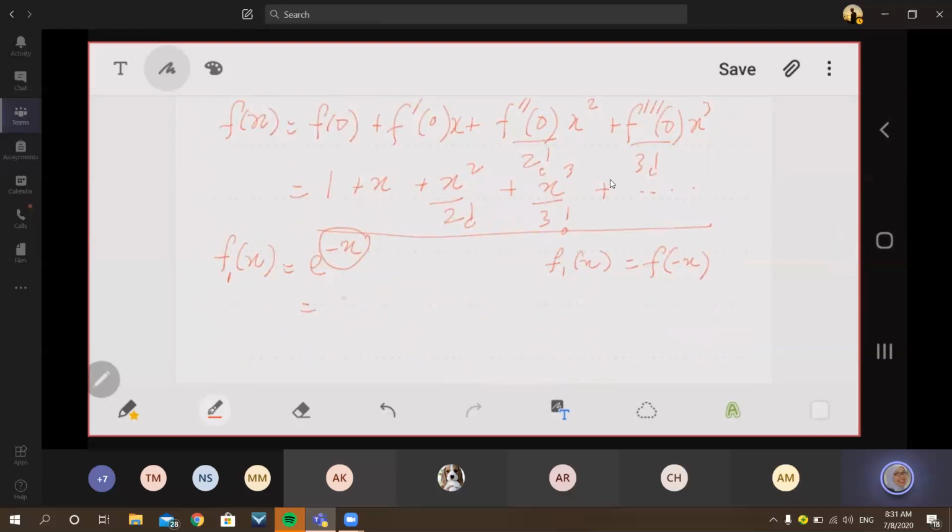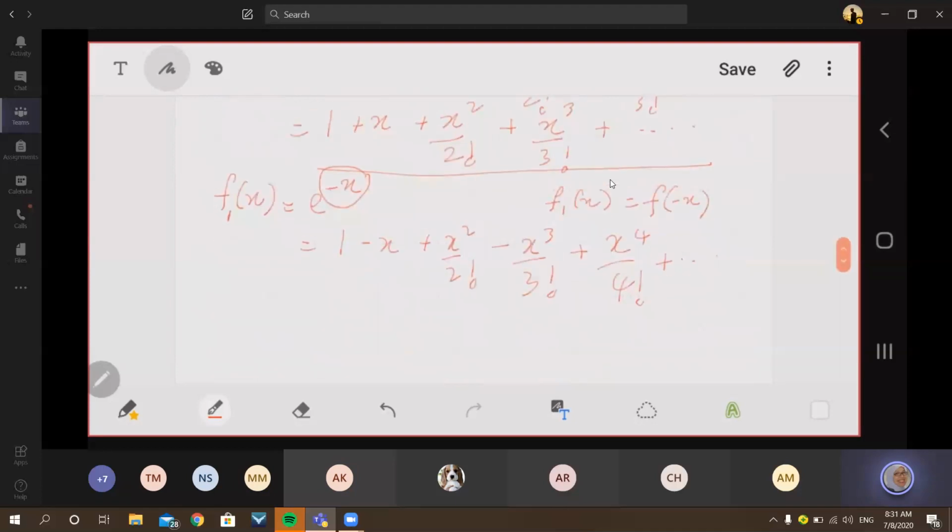So this is equals to 1 minus x plus x squared on 2 factorial minus x cubed on 3 factorial plus x to the 4 on 4 factorial and so on. Okay. Get it?